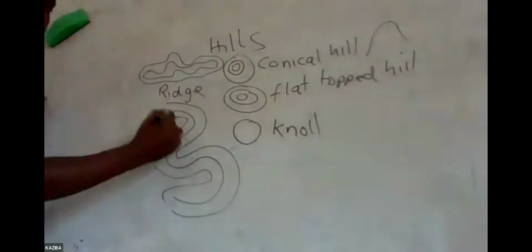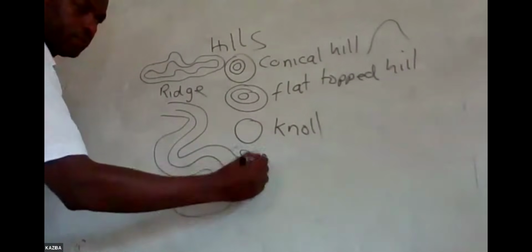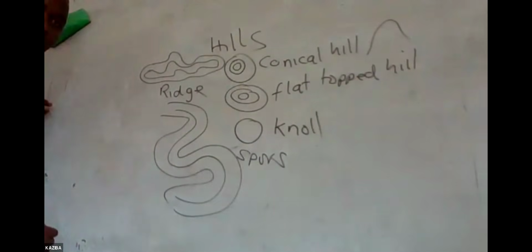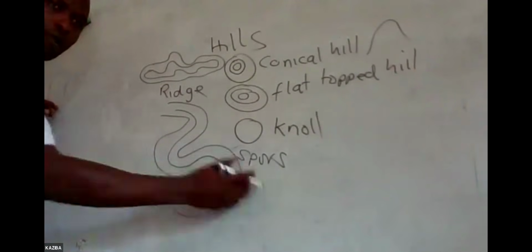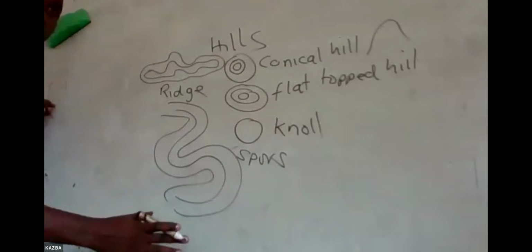Where you have these ones, contours behaving like this, those are spurs. Are you together? So you say there are spurs around this place in this direction. So these are hills now.